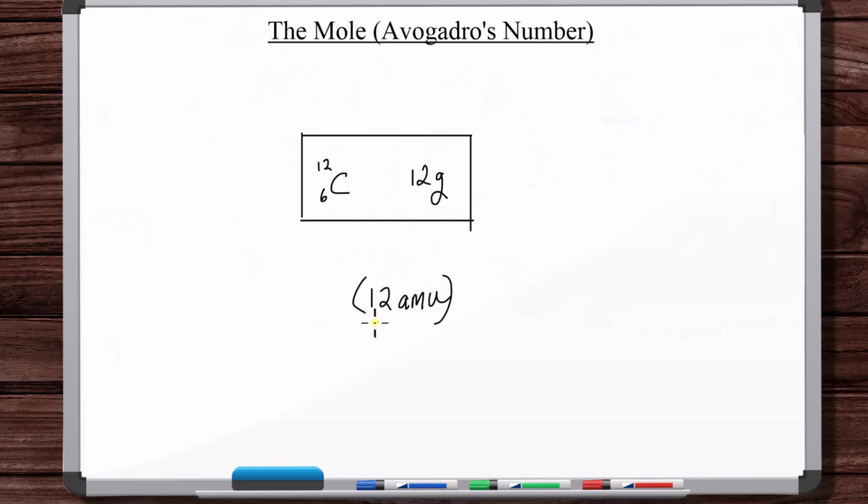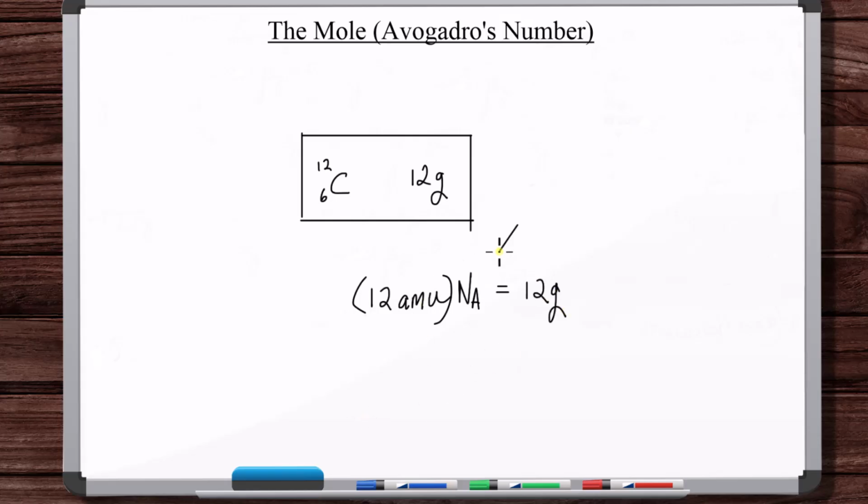Now, if we take a mole of these, multiply 12 by the mole, now we've got a mole of carbon-12 atoms. So 12 times Avogadro's number is going to give us the mass in AMU of Avogadro's number of carbon-12 atoms. Well, we know that's 12 grams, right?